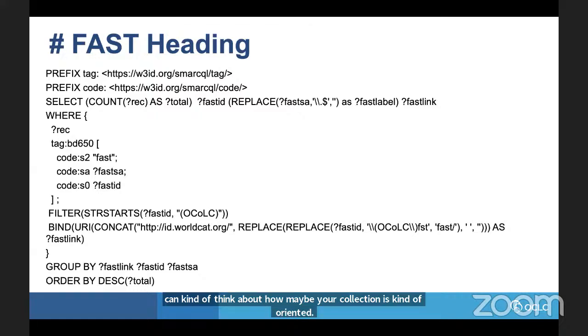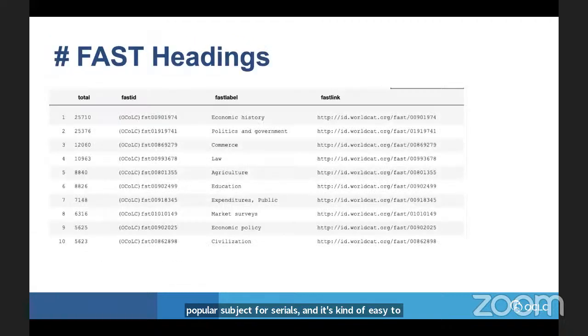What's the most popular subject for serials? It's easy to do with FAST using this query. I don't know what I would expect, but economic history was not the one I thought would be top, honestly. In fact, this whole list is very interesting. Number 7, lots of government serials, so that kind of makes sense. But anyways.